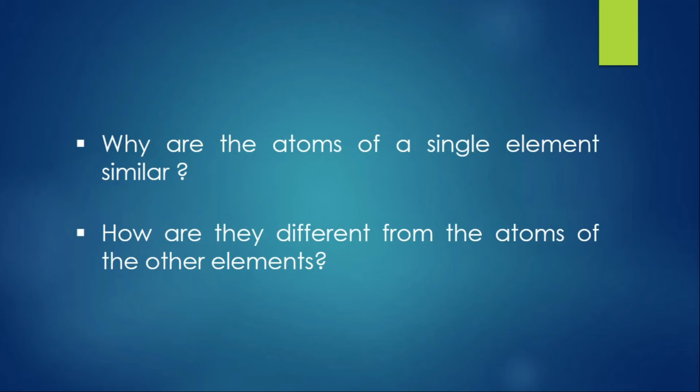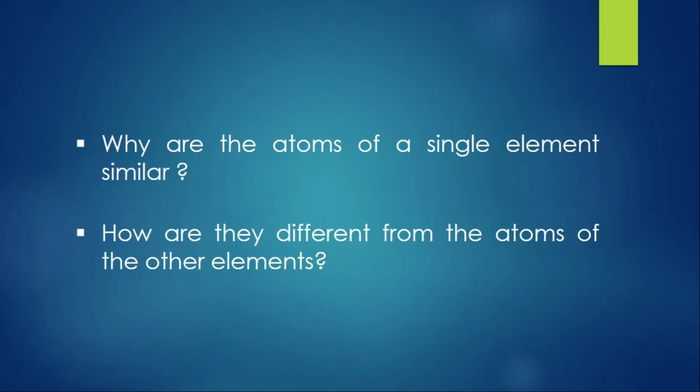And the answer behind this question is the structure of the atom, or rather the protons, neutrons, and electrons present inside an atom. See, the thing is that atoms of different elements have a different number of protons, electrons, and neutrons inside them. And for this reason, the atom of one element is different from the atom of another element.